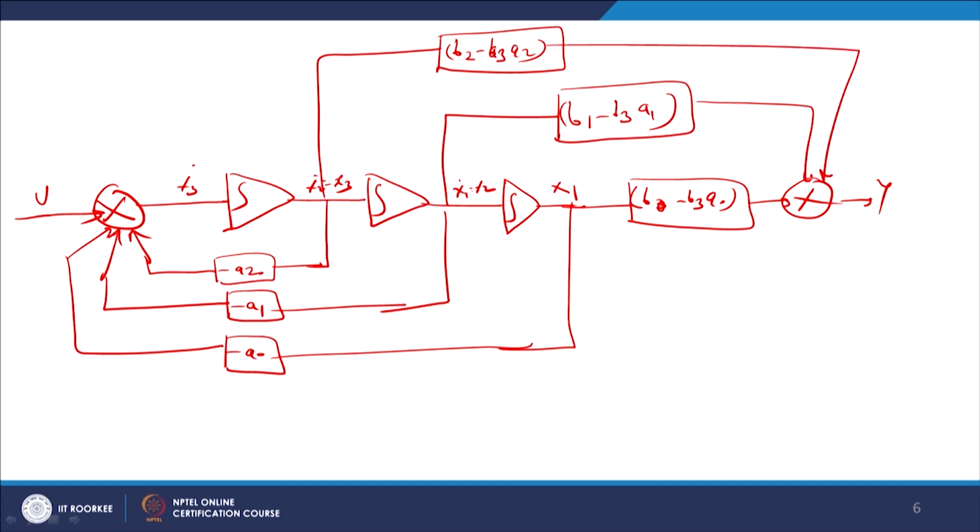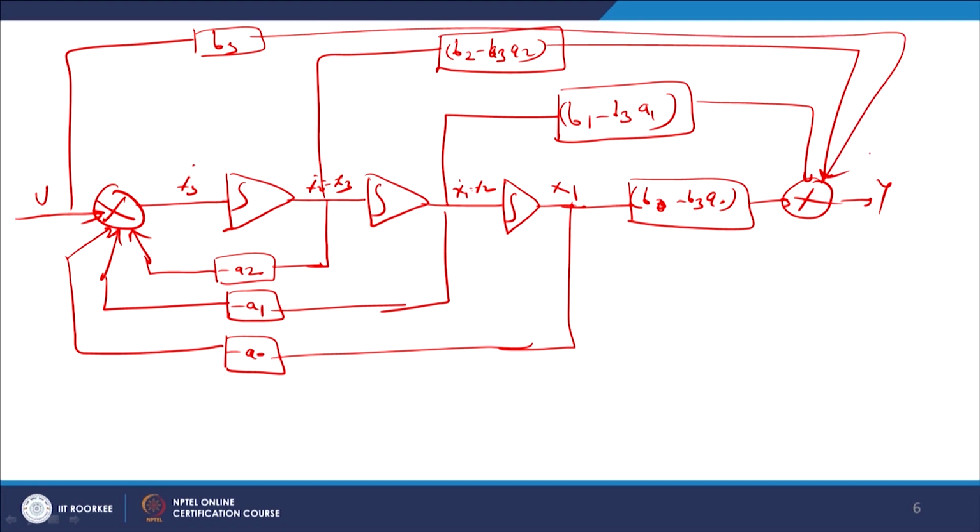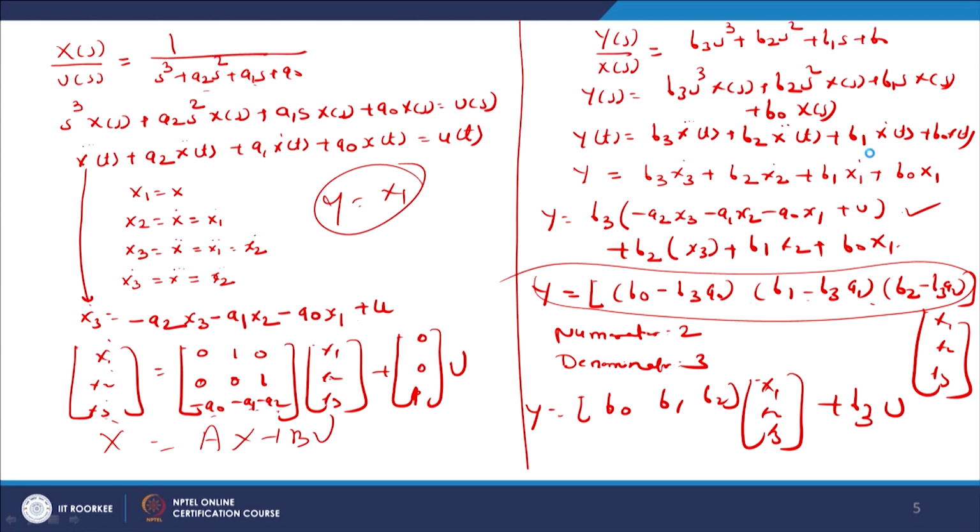Lastly, from the input u we have b3. We connect b3 here, and it comes across, so you will find the equation of y plus b3 u.